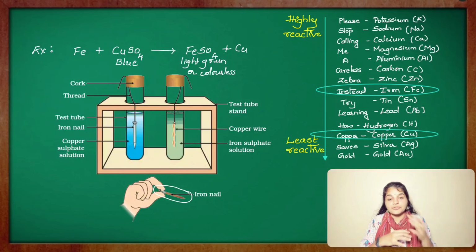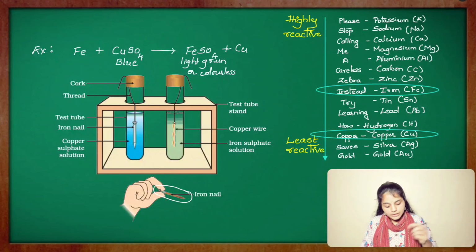The iron nail which was clear before has a brown coating now. So iron is capable of displacing copper from copper sulfate solution, and the displaced copper is coated over the iron nail. This is how, using the reactivity series, we can predict whether a displacement reaction is possible or not.